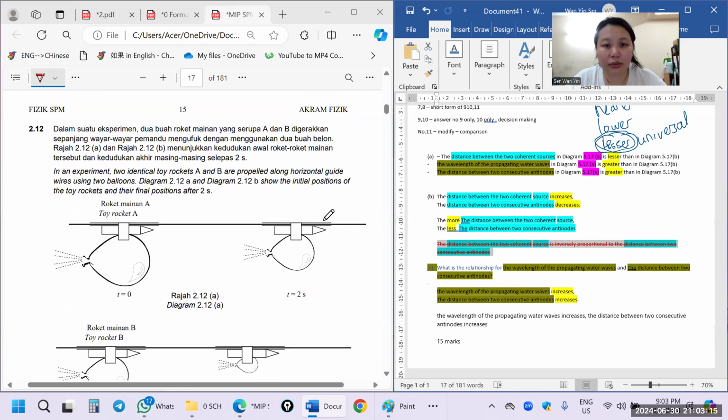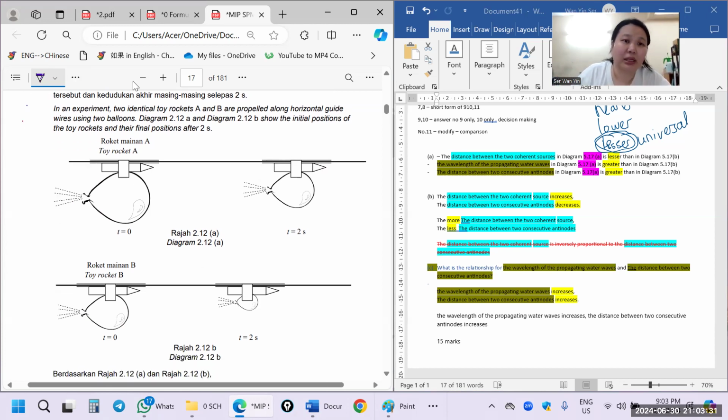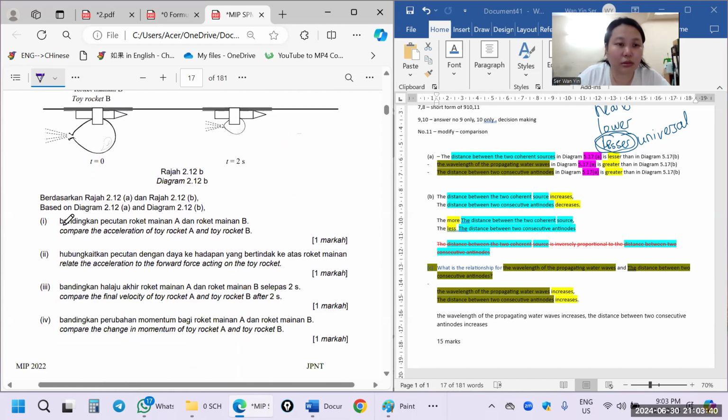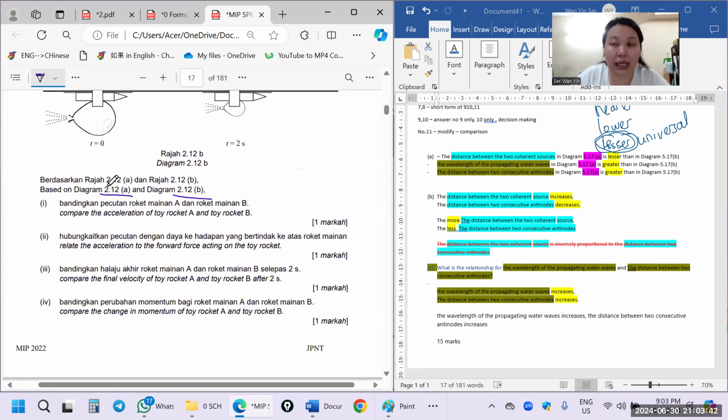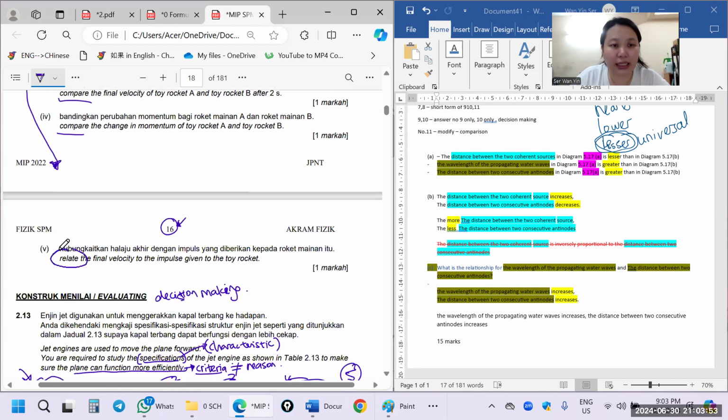Now this one, fast. And I want to tell you because your topic is very narrow, so the questions are always like that, okay? There are two identical toy rocket A and toy rocket B. So based on this, A and B, compare. Actually this relate needs to be put below here, then relate.